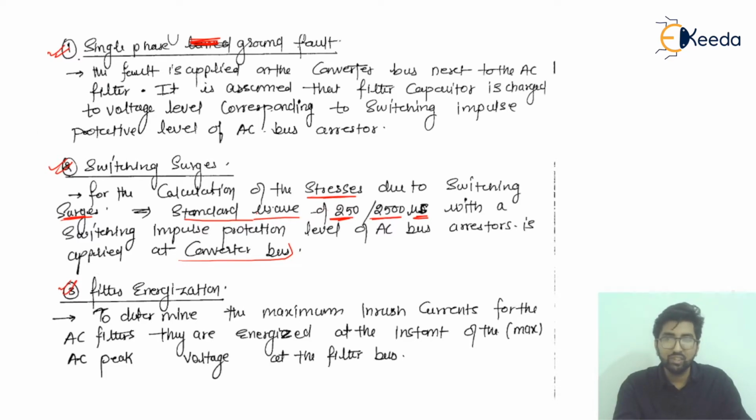The filter energization: if we talk about filter energizations, firstly we will determine the maximum inrush current for the AC filters. They are energized at the instant of the maximum, or you can say the peak voltage, at the filter bus. I hope you have understood.